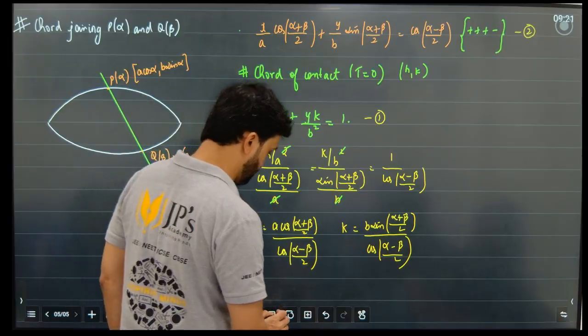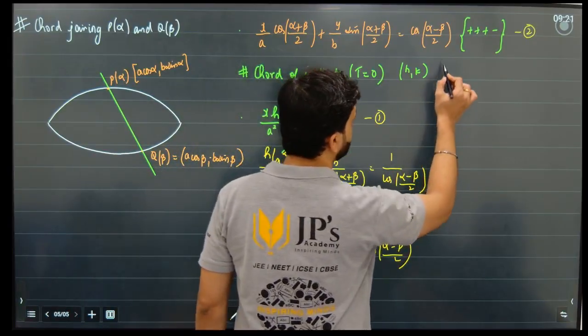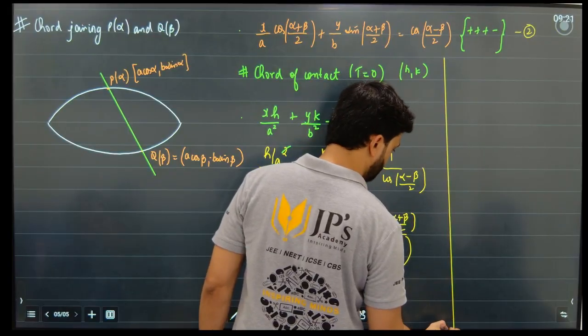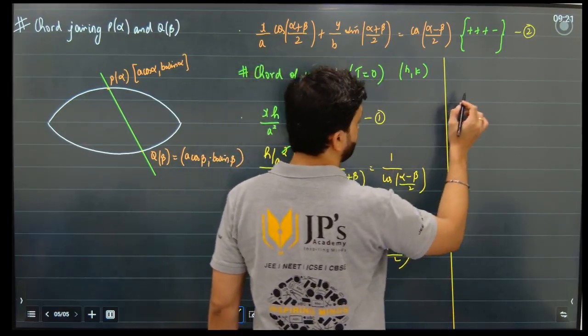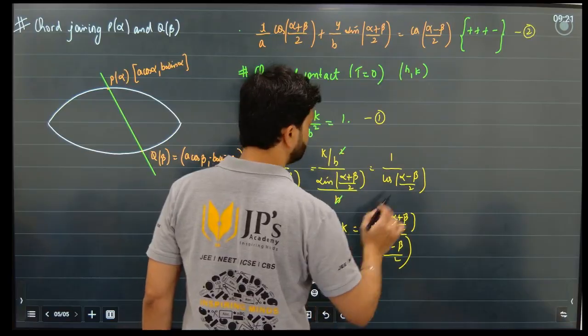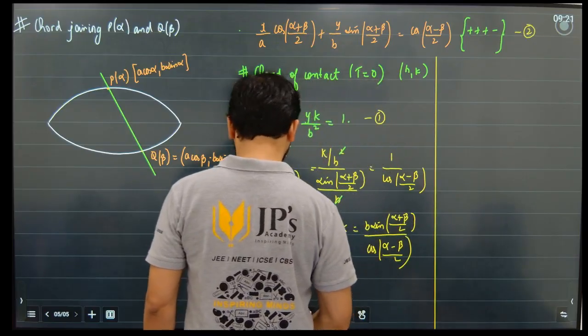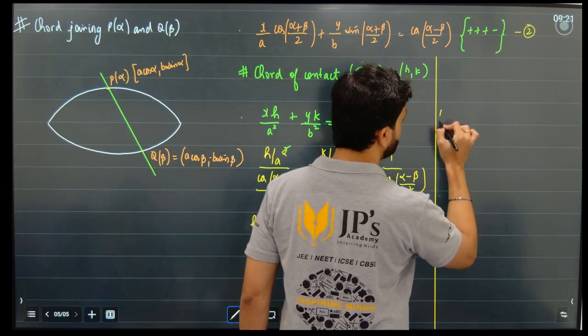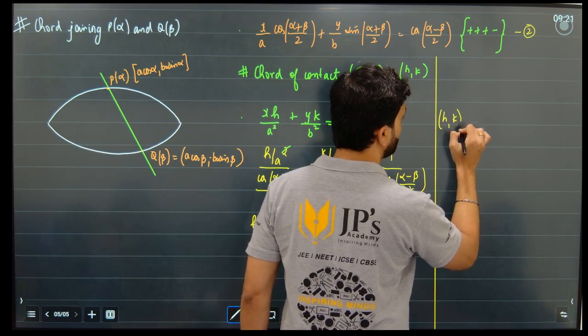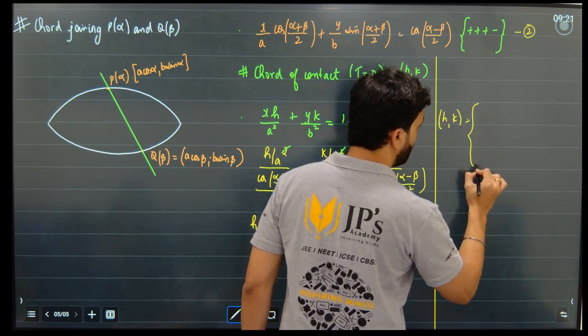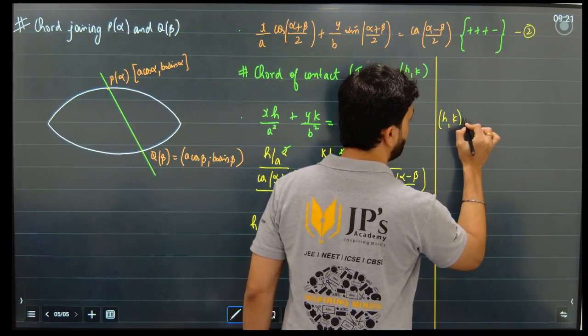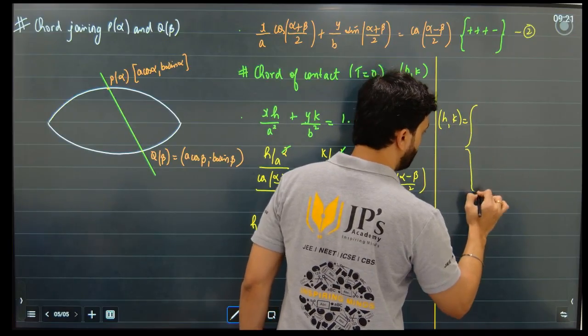So if someone asks me, what is H comma K, what is your point of contact? All I have to do is write it so that it's easier for everyone to understand.